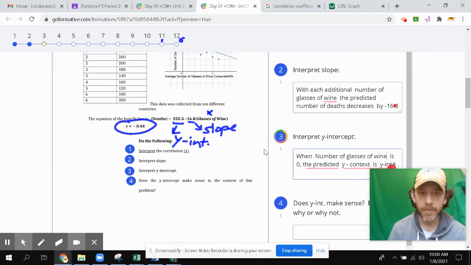The predicted number of deaths, which is our y, was what? Well, we go back to the number. The number is 255.5.